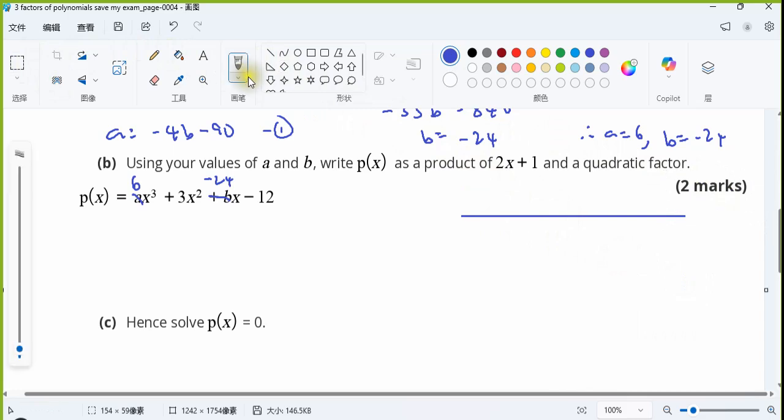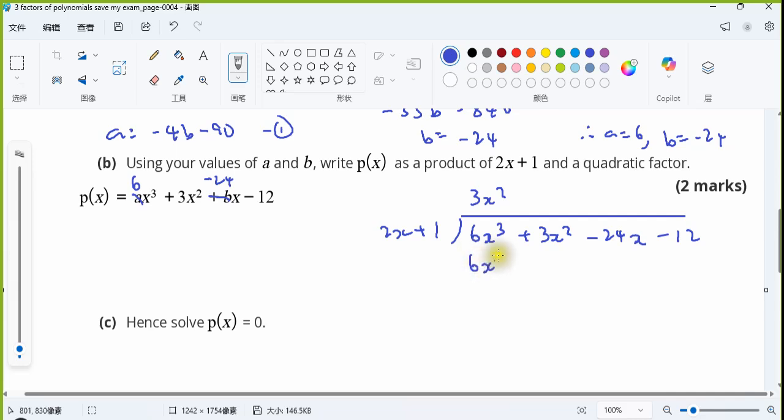Then we have the 6x cubed plus 3x squared minus 24x minus 12. Okay, then we have the 2x plus 1, 3x squared, 6x cubed plus 3x squared. Okay, negative 24x minus 12.